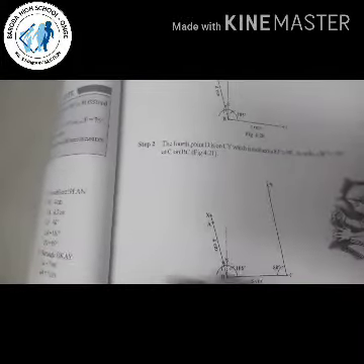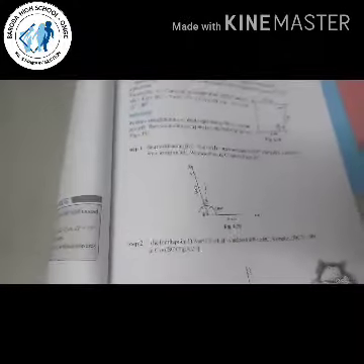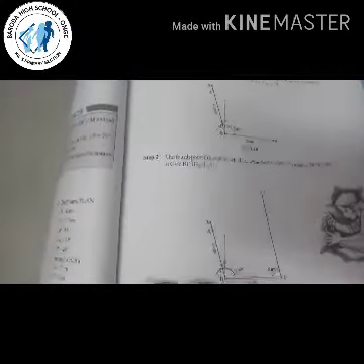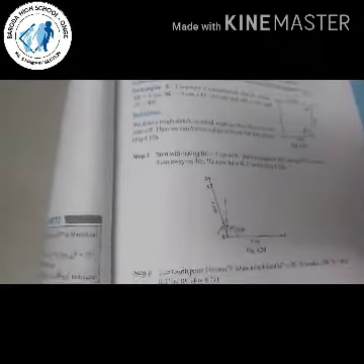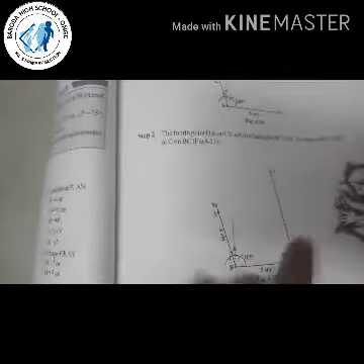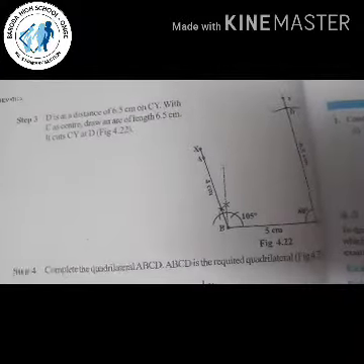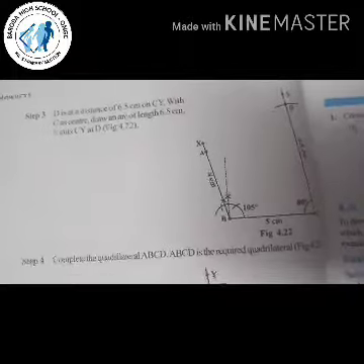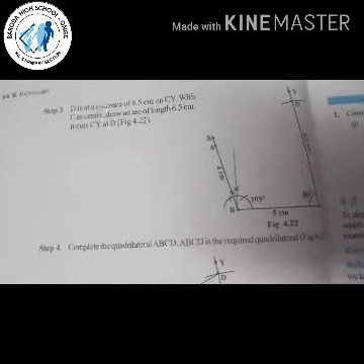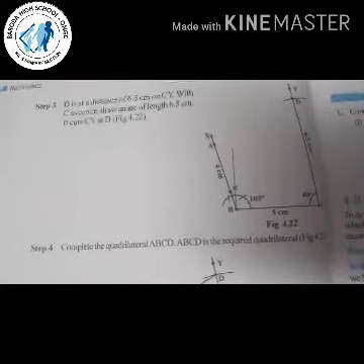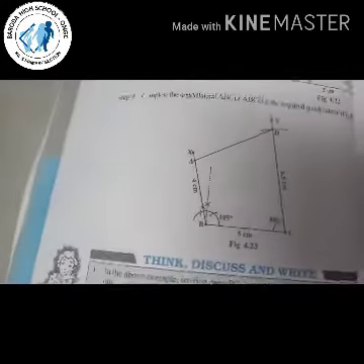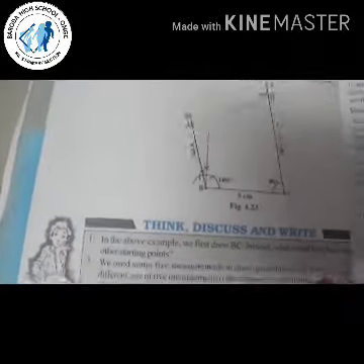Now we are drawing an arc. We know AB, BC and CD, which is 6.5. So from here we'll cut 6.5 like this, and hence we get our 4 vertices A, B, C, D, and our quadrilateral is complete.